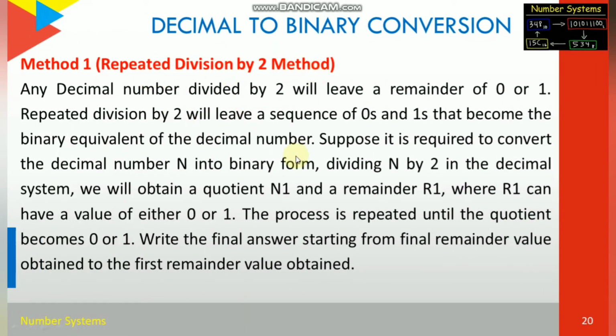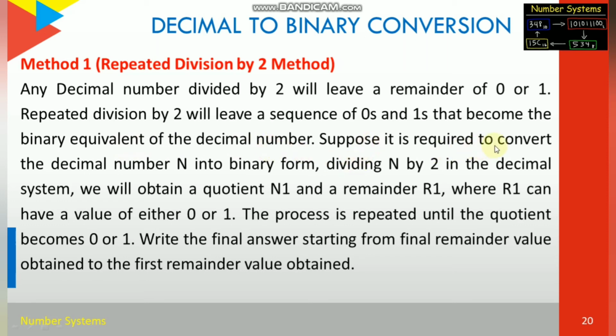The first method will be easy. So the first method is repeated division by 2. Any decimal number divided by 2 will leave a remainder of 0 or 1. Repeated division by 2 will leave a sequence of zeros and ones that become the binary equivalent of the decimal number.